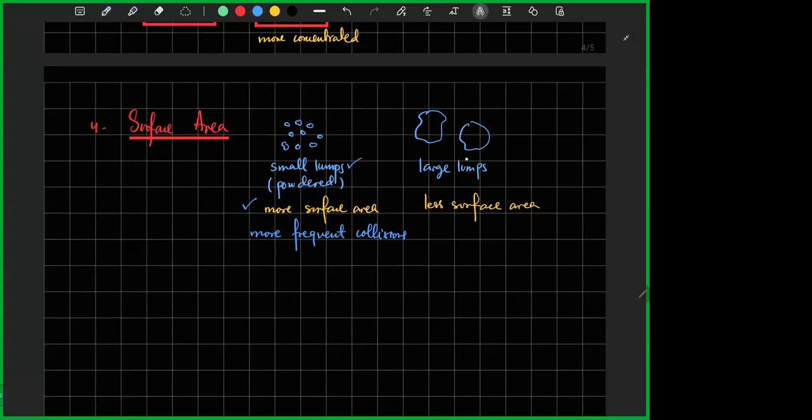When you have large lumps, the particles that are trapped inside will not be able to react. The outer surface particles would be able to react, but not the inner. But when you break them into small, tiny pieces, then all of them will be able to react. So they're going to have a larger surface area. In this case, you're going to have more frequent collisions and hence a faster rate of reaction.